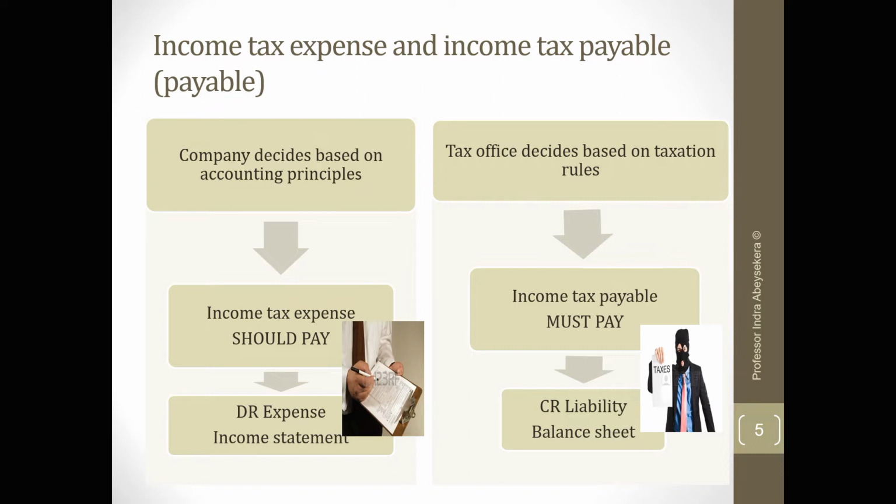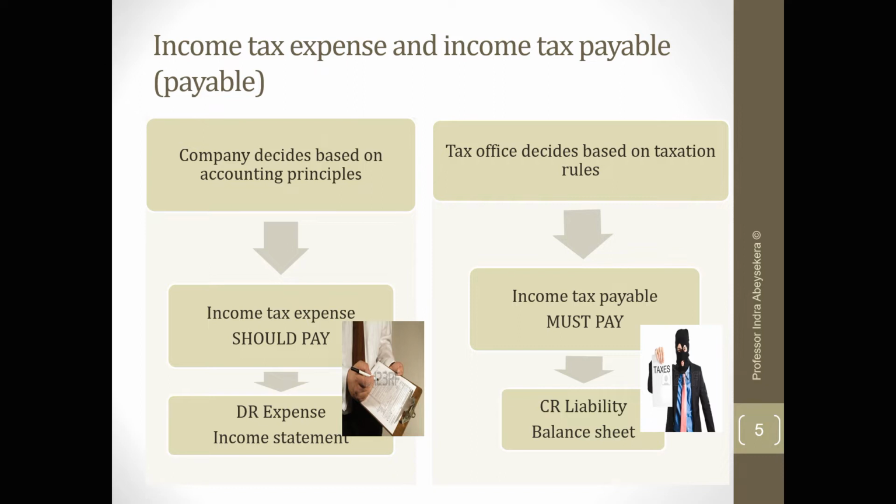From the taxation side, the tax office decides how much must be paid, and it comes up with the taxable income, and applying the tax rate, it then calculates the income tax payable. And so that income tax payable is what must be paid to the tax office, and we record that as a liability, income tax payable.